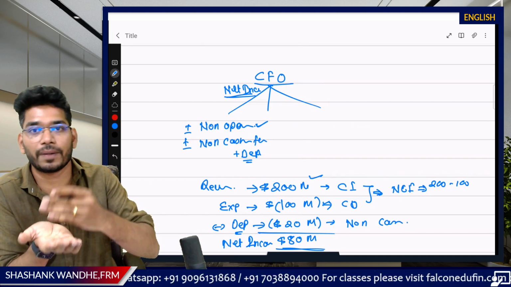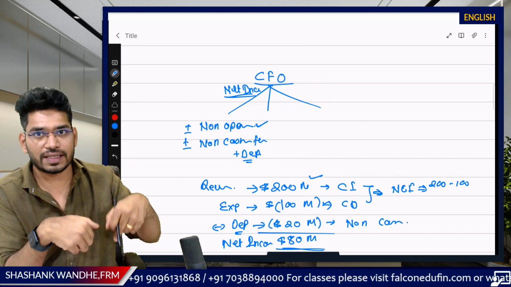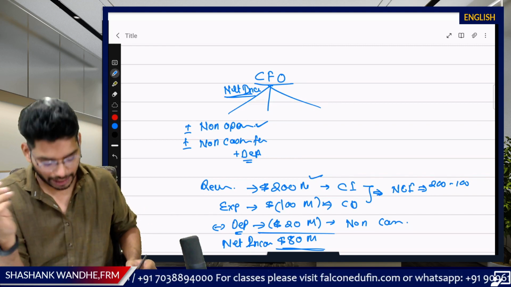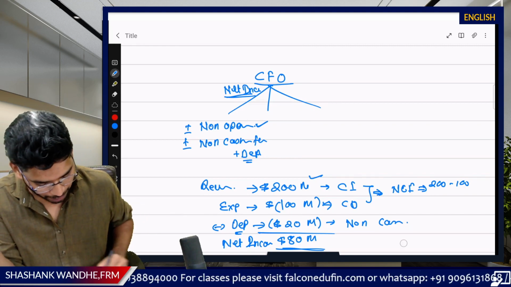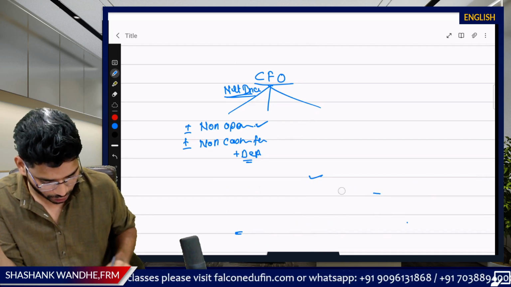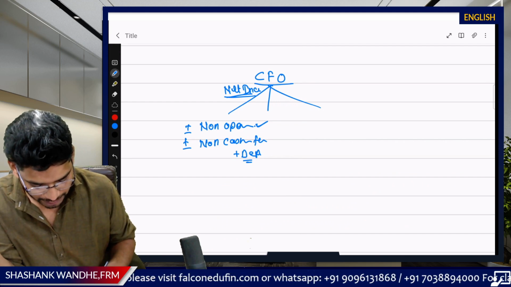So it will show up in the cash flow from investment. We will see this in our illustration number 9, I guess. This is the first part of adjustment: the non-operational and non-cash items.